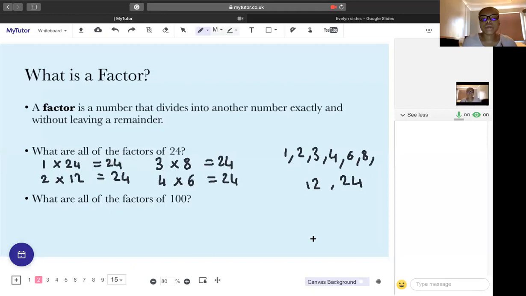Okay, so we can do exactly the same thing for 100. So can 1 go into 100? It can, because we've got 1 times 100, which gives us 100. 2 times 50 gives us 100. 3 isn't a factor of 100, but 4 is, because you can do 4 times 25.